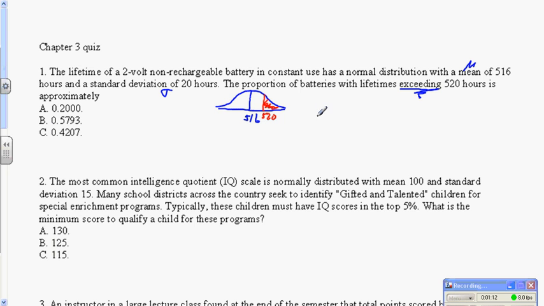Now, we're going to need to find a z-score for this. Our formula for a z-score is x minus mu over sigma. So in this case, 520 minus the mean, 516, divided by standard deviation, and that will give us 0.2.